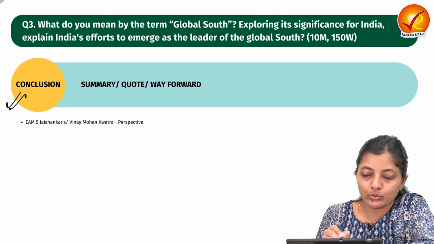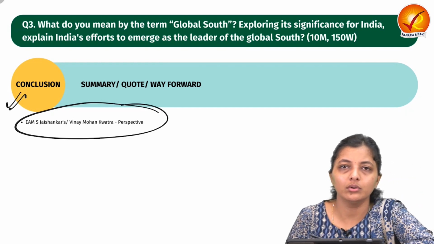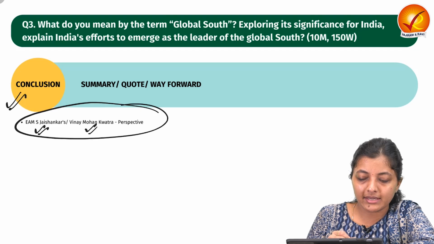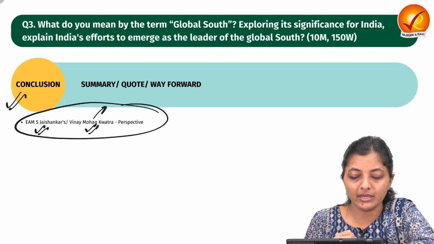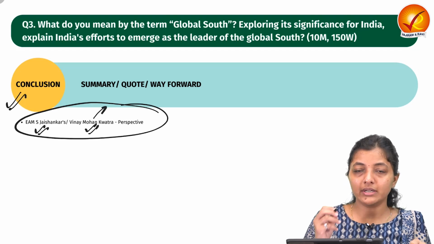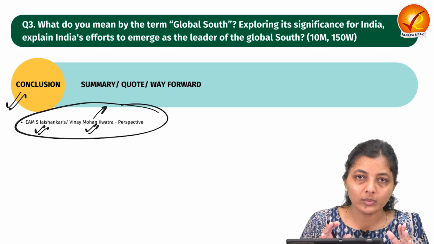Next comes the conclusion. So you can write some quotes related to External Affairs Minister Mr. S. Jaishankar, or the Foreign Secretary Vinay Mohan Kwatra's perspective, that India is raising its voice, or that India has the potential to solve the issues or problems of the global south.